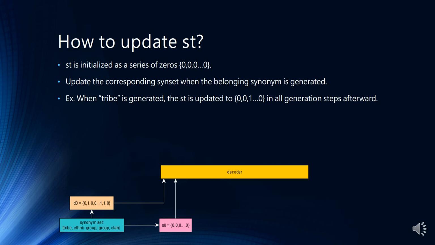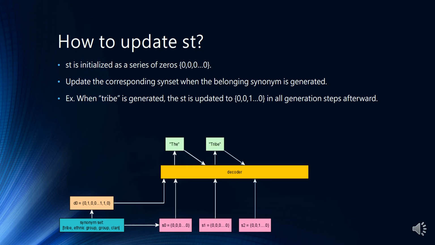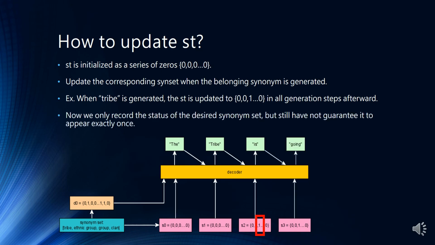For example, we want the generated sequence to include tribe, and when the word tribe appears at the second generation step, S2 will be updated to have a 1 in the vector. The 1 corresponds to the synonym set of tribe. Now we only record the status of the desired synonym set, but still have not guaranteed it to appear exactly once, and we will fix it later.